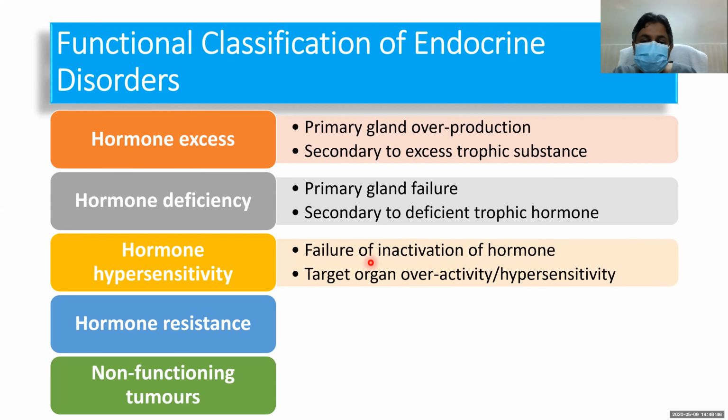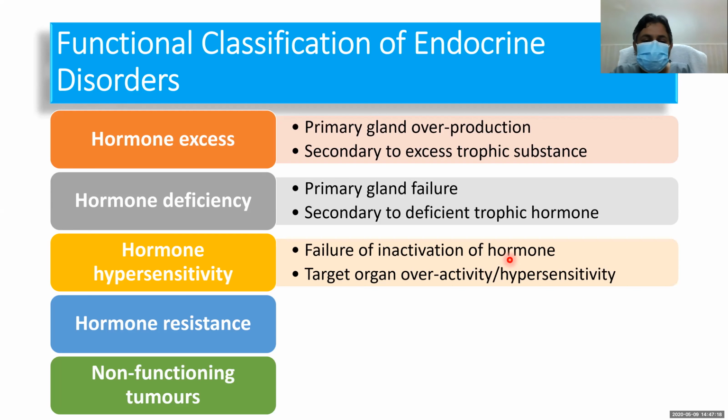And then there is failure of inactivation of the hormone in hypersensitivity, in which the metabolism of the hormone is defective, so that the active compound of the hormone is not being removed from the circulation and stays longer in the blood. For example, if a hormone was supposed to stay for a few minutes and it stays for a few hours, more action of that hormone would be seen, and a hyperfunctioning state would take place.